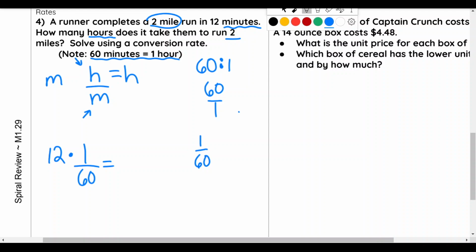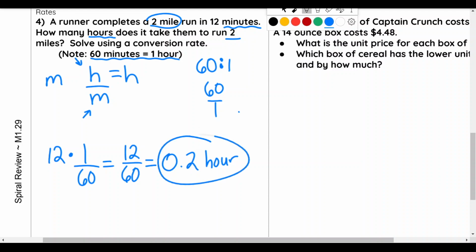So I've got 12 times 1 is 12/60ths, or 12 divided by 60, and I can get out my calculator and do 12 divided by 60, and I get an answer of 2/10 of an hour.